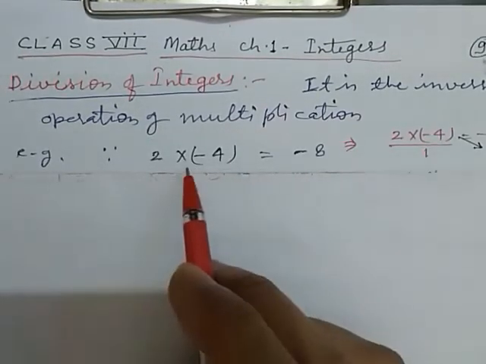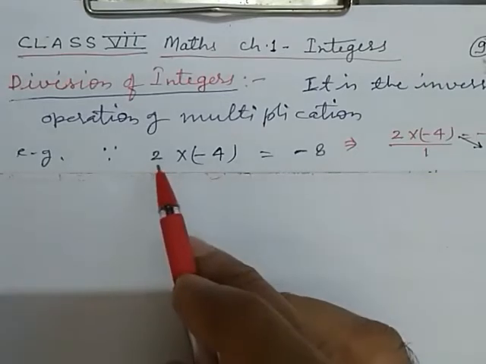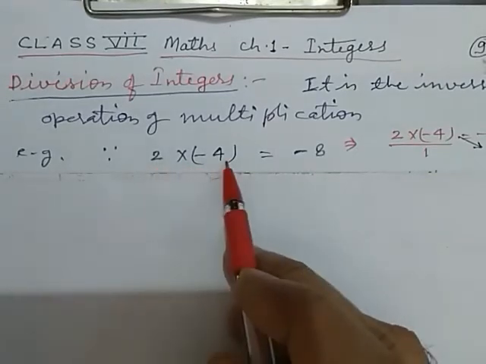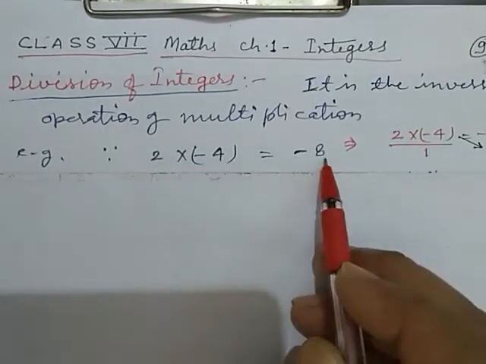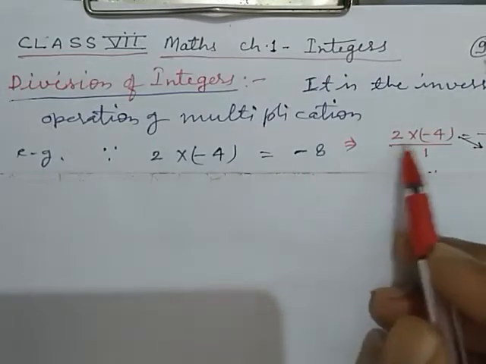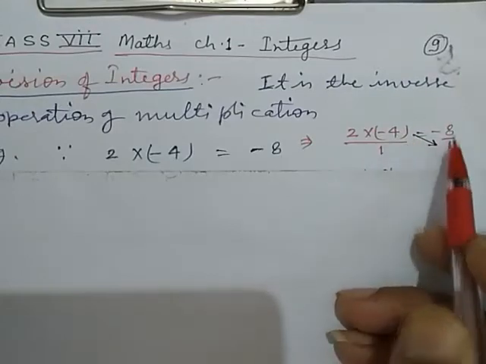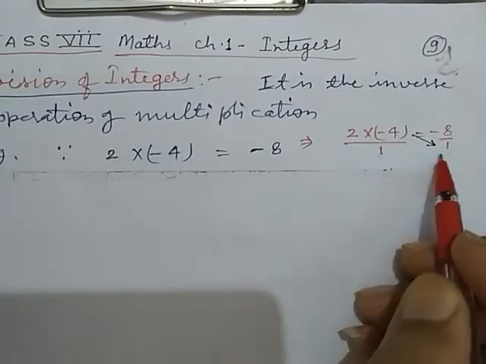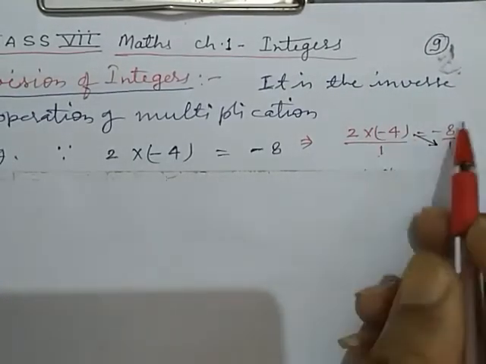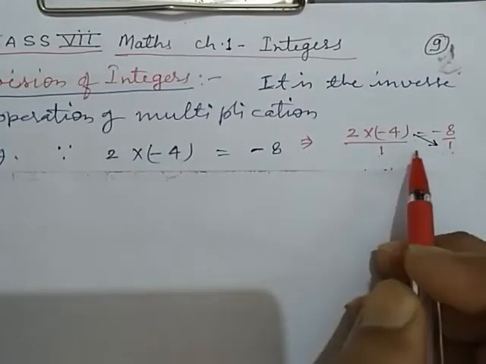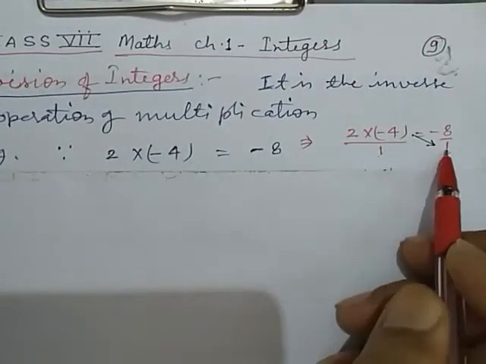We take an example. The example is 2 into minus 4 is minus 8. Okay. If we write this as 2 into minus 4 equals minus 8 upon 1, we put 1 here to make the cross multiplication easier. So we put 1 on both sides.